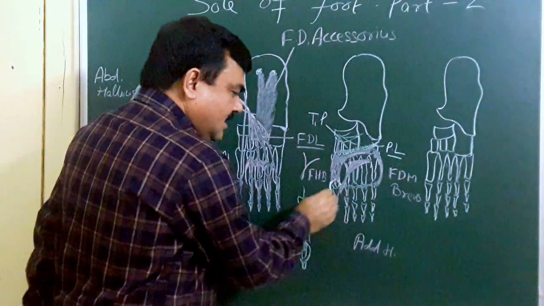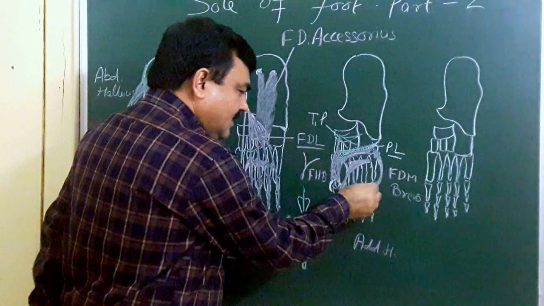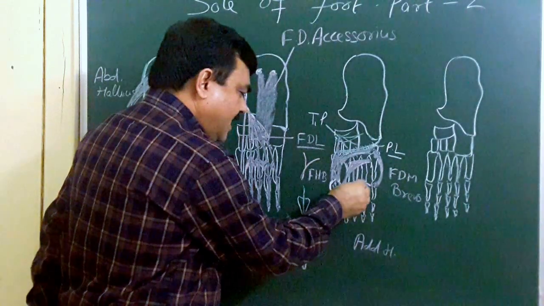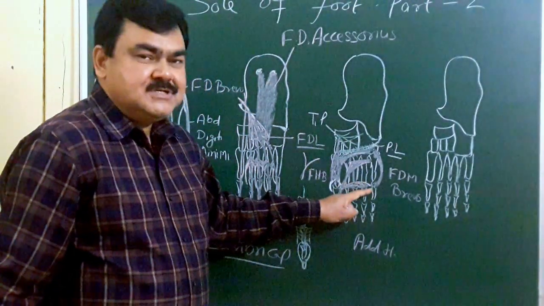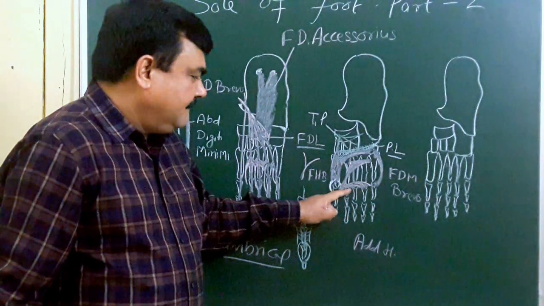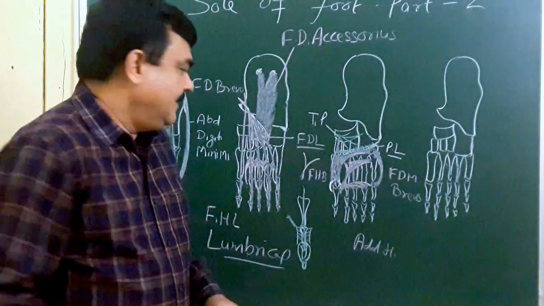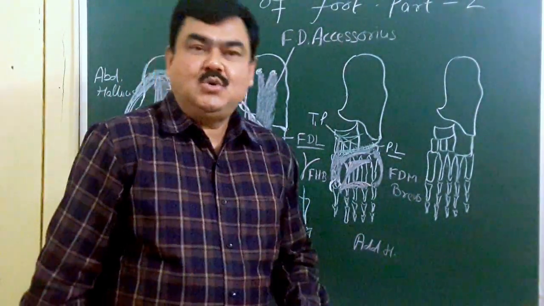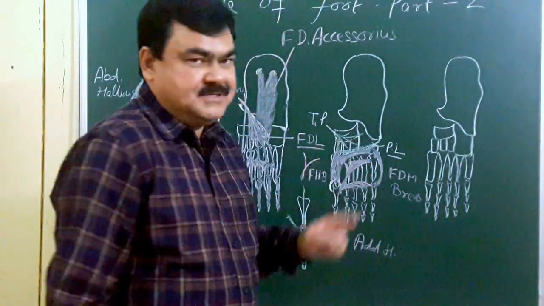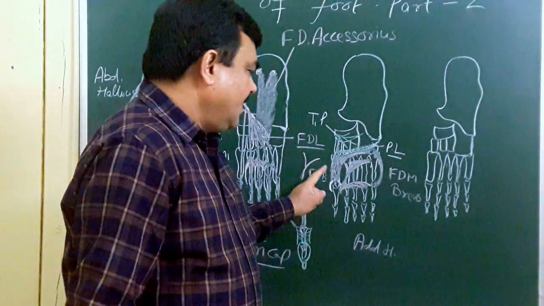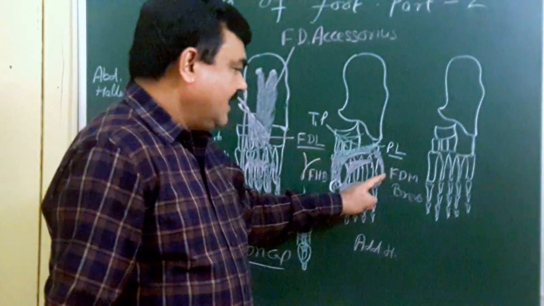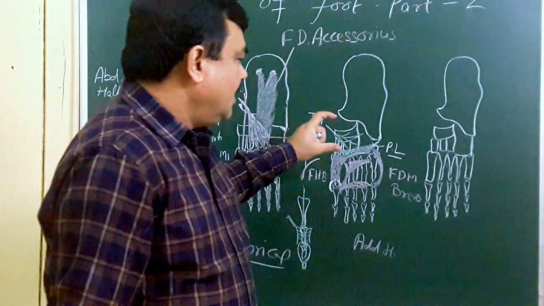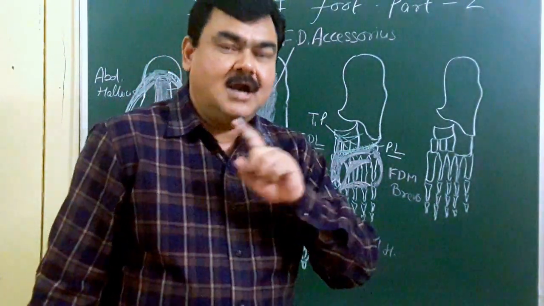So the transverse head takes origin from these points, the deep transverse metatarsal ligament and the plantar ligament. So adductor hallucis has two heads, oblique head and transverse head. Its action is adduction, and the action of the other two muscles is flexion of the corresponding toes. So this is all about the third layer.